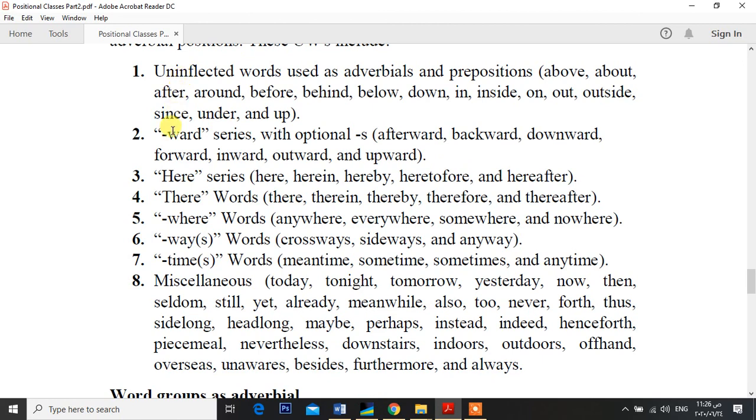The second, word series with optional s like afterward, backward, downward, forward, inward, outward, and upward. Number 3, here series: here, herein, hereby, heretofore, and hereafter.